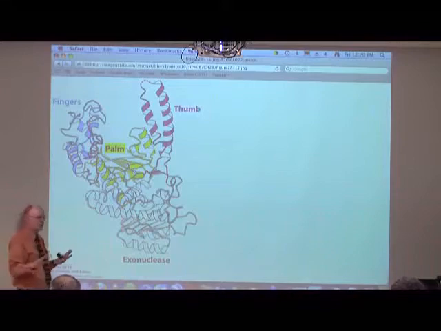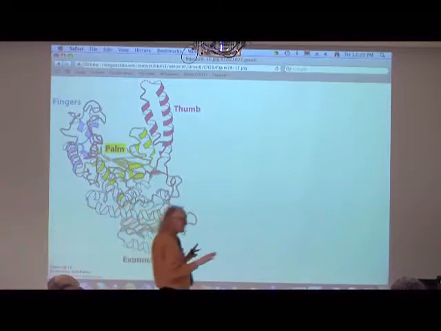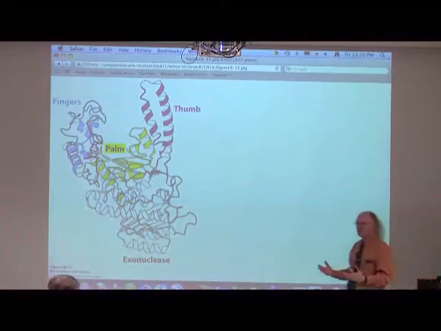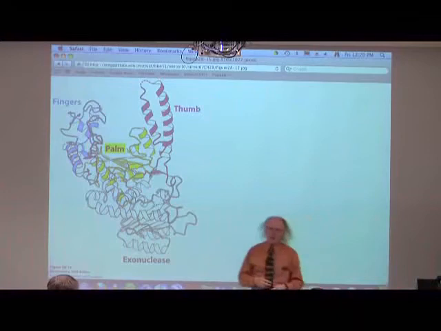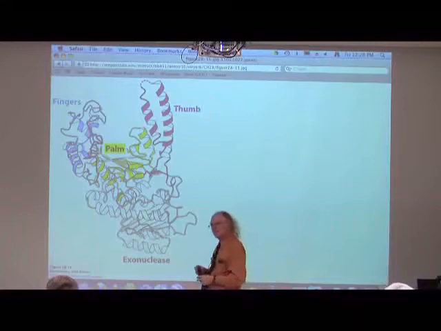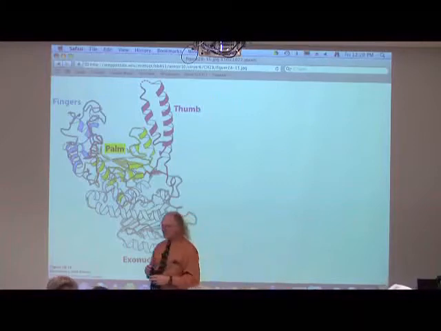And I'll show you how that occurs. So the 5' to 3' activity is essential for removing those RNA primers. If you take that function out of DNA polymerase 1 of E. coli, that E. coli will die.